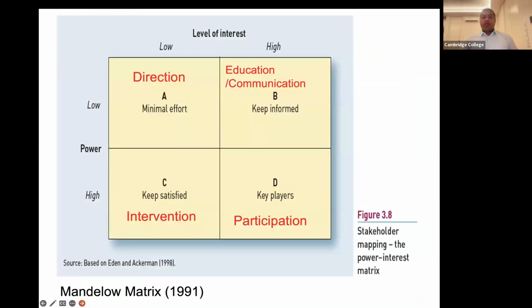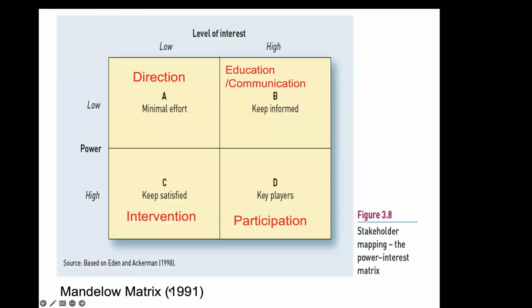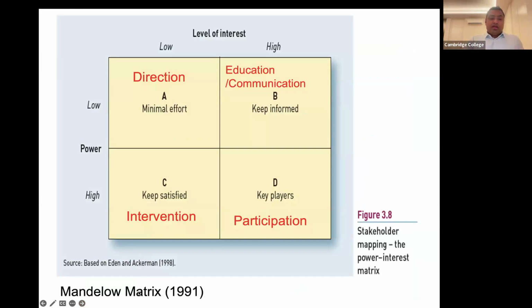And then you have what we call the Mendelow matrix. Now, what is the Mendelow matrix? It is also called the power and interest matrix. Some stakeholders have high power or low power. Some stakeholders have a high level of interest or low level of interest in the business.